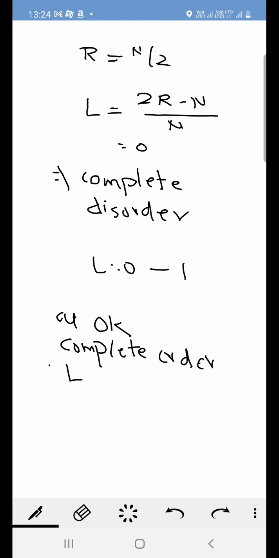That means L should be equal to 1. And in this condition, if someone wants to produce a disorder in the system, then energy must be required to produce a disorder.